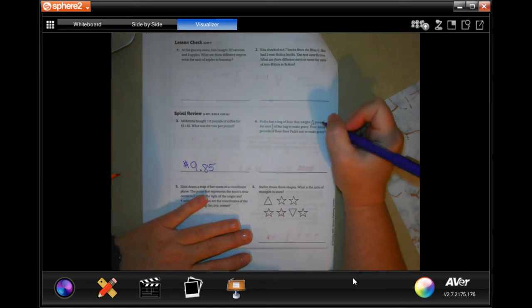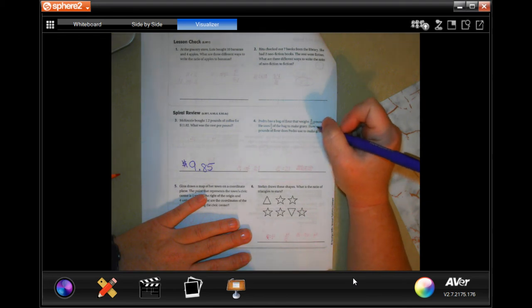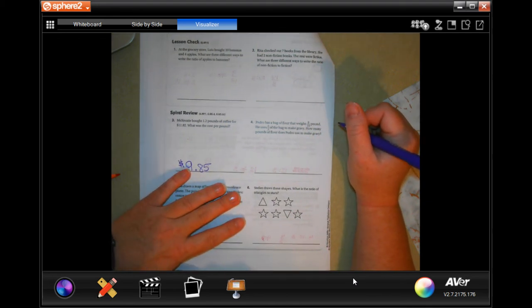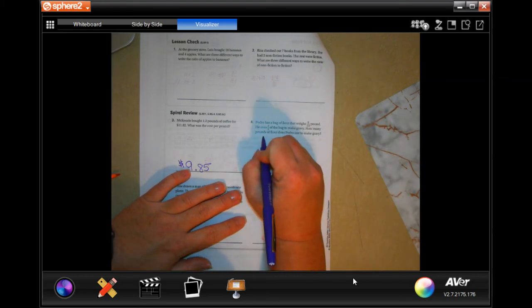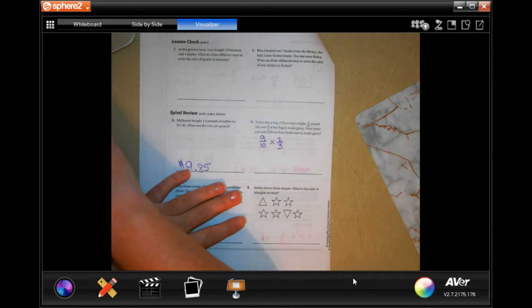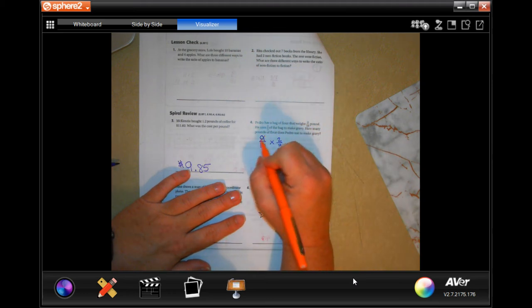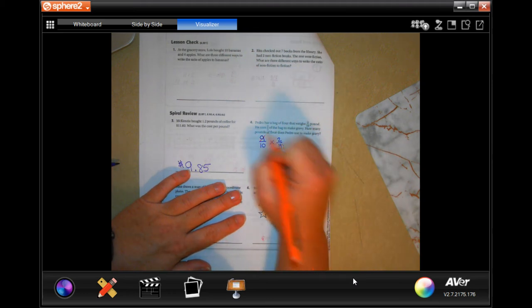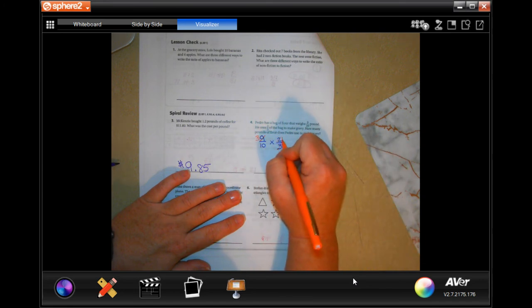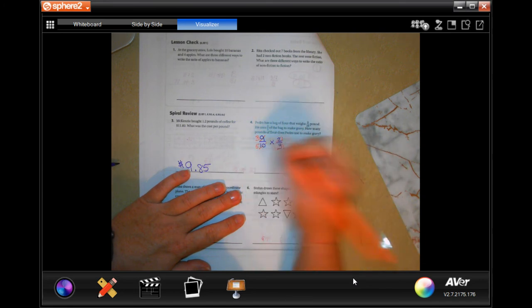Pedro has a bag of flour that weighs 9/10 of a pound. He uses 2/3 of the bag to make gravy. How many pounds of flour does Pedro use to make gravy? So he had 9/10. He used 2/3 of that bag. Of means multiply, guys. All right. 9 and 3. 3 goes into 3 once. 3 goes into 9 3 times. 2 goes into 2 once. 2 goes into 10 5 times.